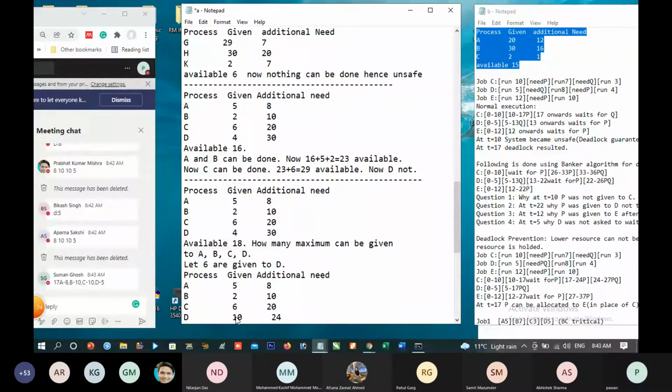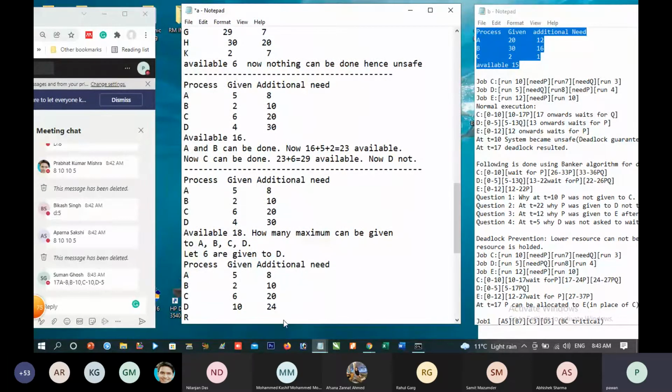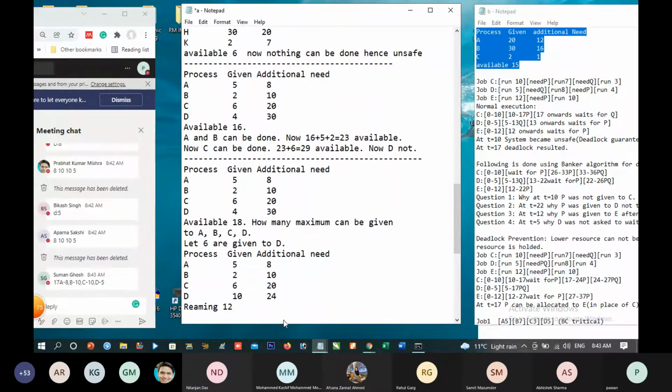Now, remaining is 12. We can do A and B. Is it correct?